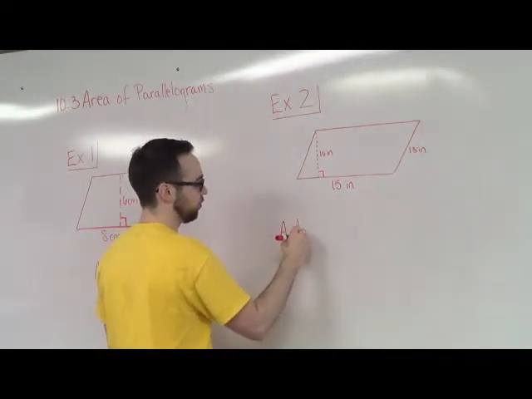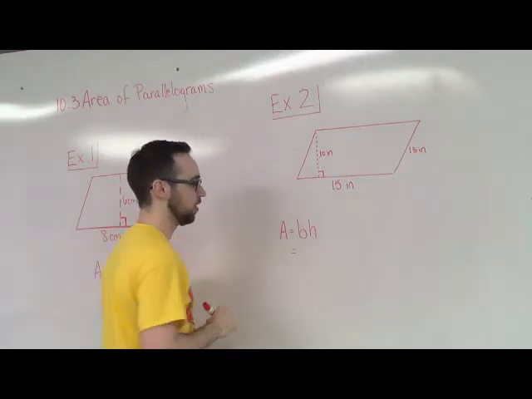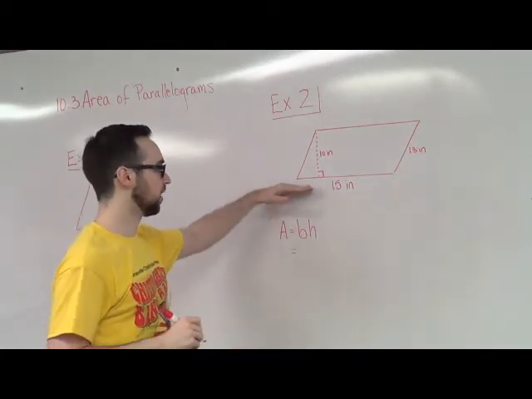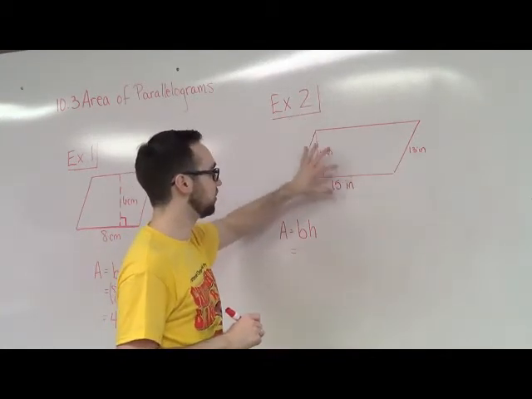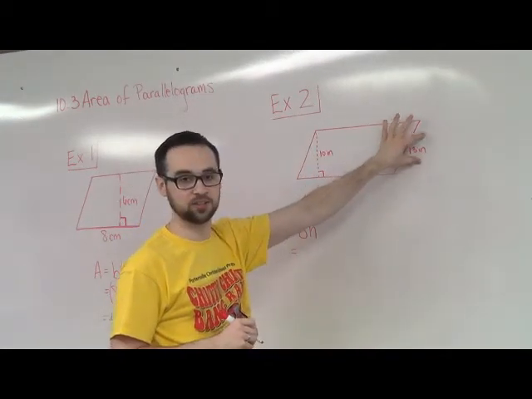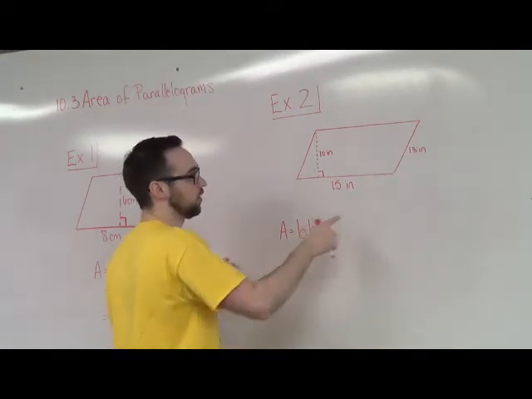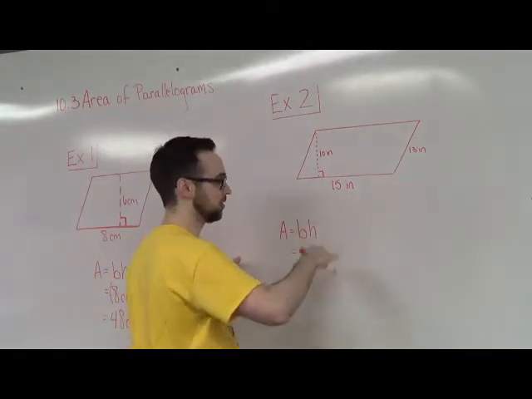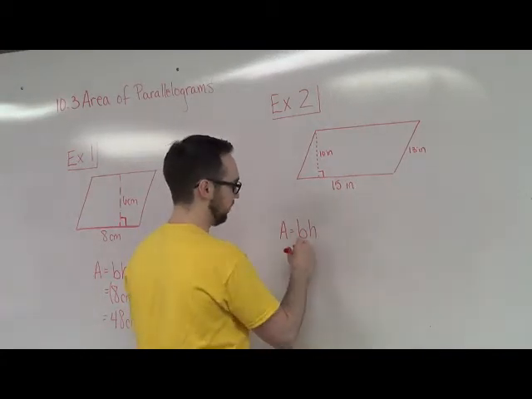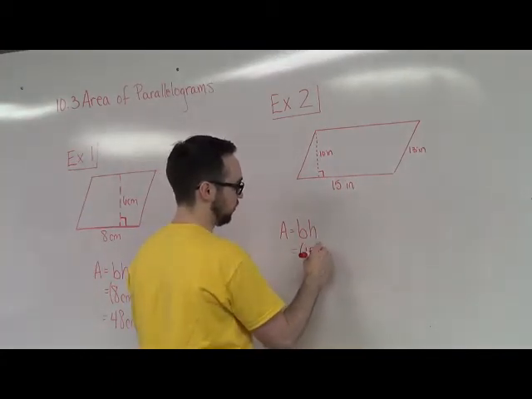Again, we start with our formula. Now, when we're looking at this, we have 3 different measurements this time. We have 10 inches, 15 inches, and 13 inches. We want to decide which two are perpendicular, which one's our height and which one's our base. The base is down here at 15 inches. I think most of you would recognize that one.